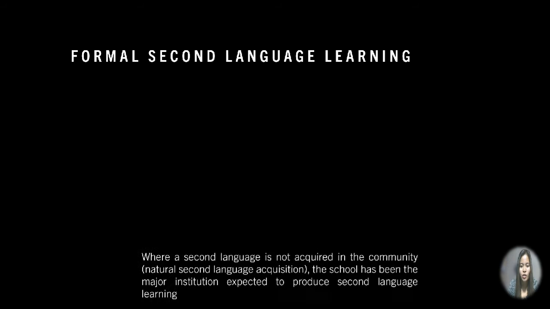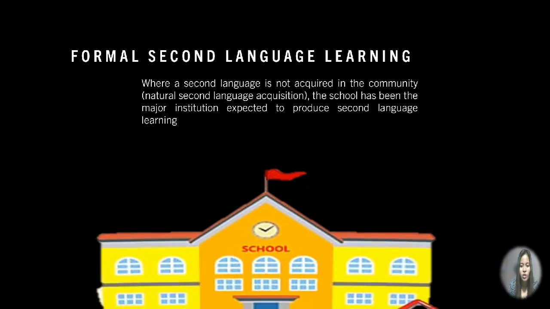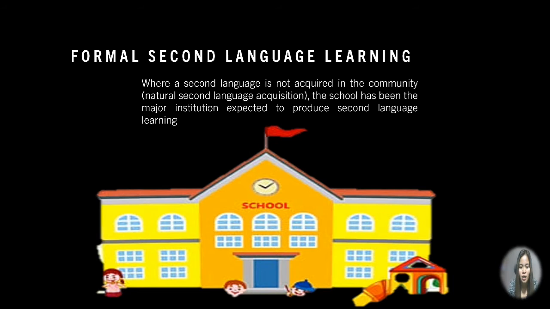The second is formal second language learning, where the second language is not acquired in the community through natural acquisition, but the school is the major institution expected to produce second language learning. So formally, through school, adult classes, and language courses. There is no single best route by which learners, young or old, become competent in a second language. There are a variety of informal and formal educational means of acquiring proficiency in a second language.